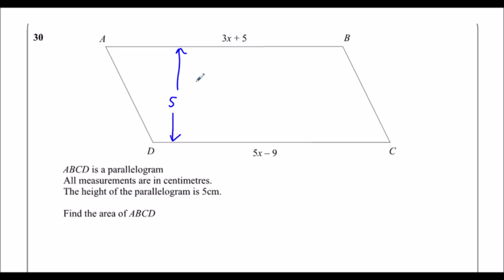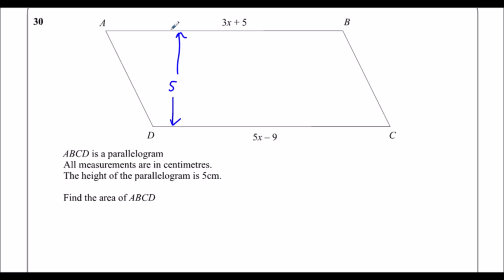So we need to work out the lengths, AB and CD, and we know that they are the same. The opposite sides of a parallelogram are the same length. So we can make this into an equation and say that this one equals this one. So 3x plus 5 is equal to 5x minus 9.